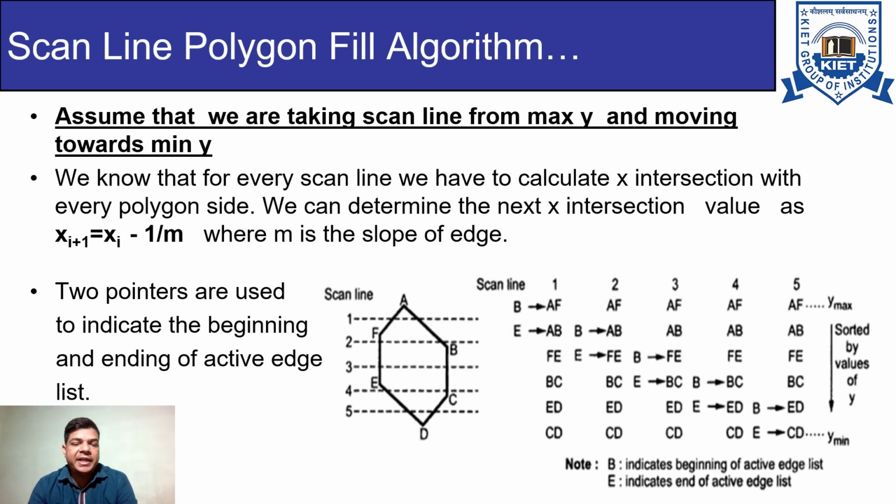In the DDA algorithm we have already seen that if I have the y value and want to approximate the value of x, then the formula is x(i+1) = xi plus or minus 1/m. If I am approximating the next value, I add 1/m. If I am approximating the previous value, I subtract 1/m.